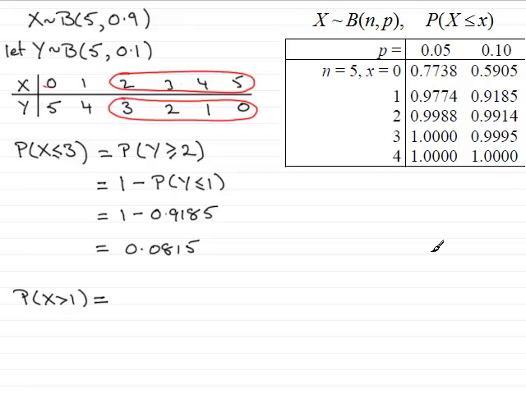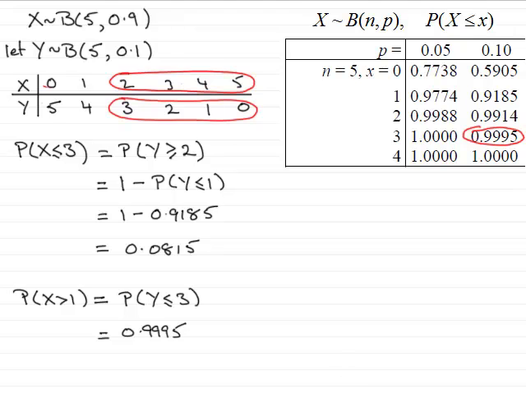So we can say that this is the same as the probability of y being less than or equal to 3. And that's dead easy now because we've got this value in the tables here. Just look under 3 and we see we've got this value here, 0.9995. That was dead easy.